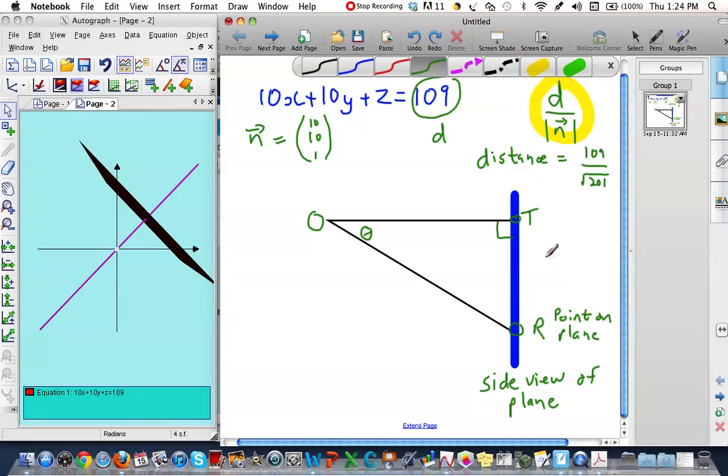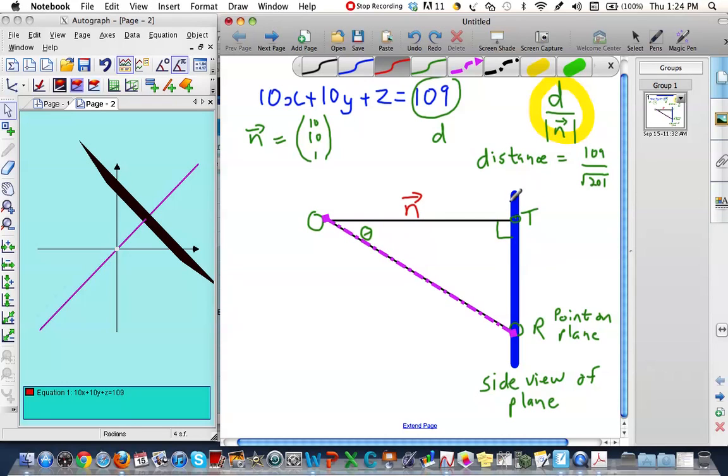Okay, and what we're going to do now as well is I'm just going to highlight one other thing. I'm going to draw another line, or rather another vector, and I'm going to treat this, even though by definition it is a position vector, as effectively a vector, and I'm going to label my vectors from O to T. In order to get from O to T, we would be using the direction of the normal.